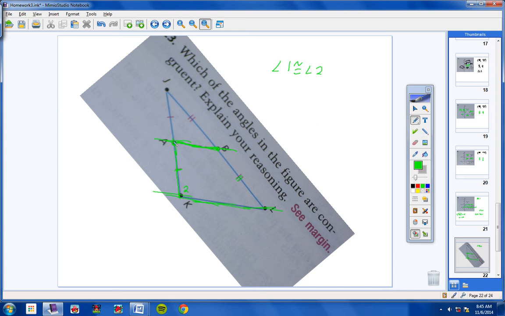Here's two parallel lines cut by transversal right here, okay? Well, remember, corresponding angles are congruent. So this angle here, we'll call it 3, is congruent to this angle here, we'll call it 4. So angle 3 is congruent to angle 4, okay? There we go. They're just reviewing here, making sure you understand that a mid-segment is parallel to the third side. Okay, moving on to number 24.